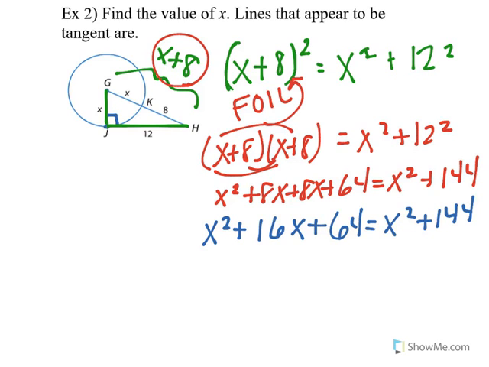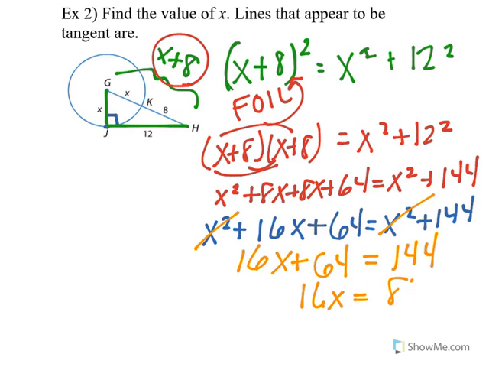What happens when you have the same thing on both sides, guys? Hopefully you're thinking that it would cancel. So my x squareds would cancel, and I'm left with 16x plus 64 equals 144, and this we absolutely know how to solve. We would get 16x equals 80, so x just equals 5. And this would be our final answer.